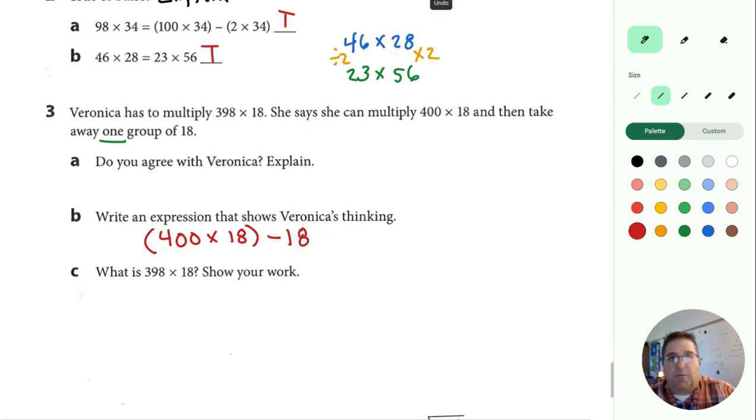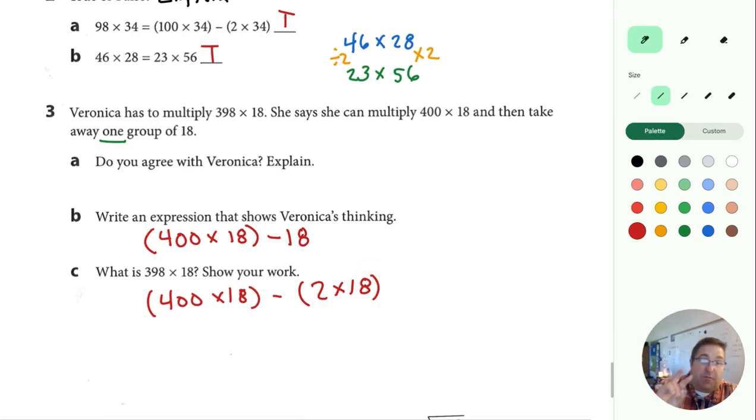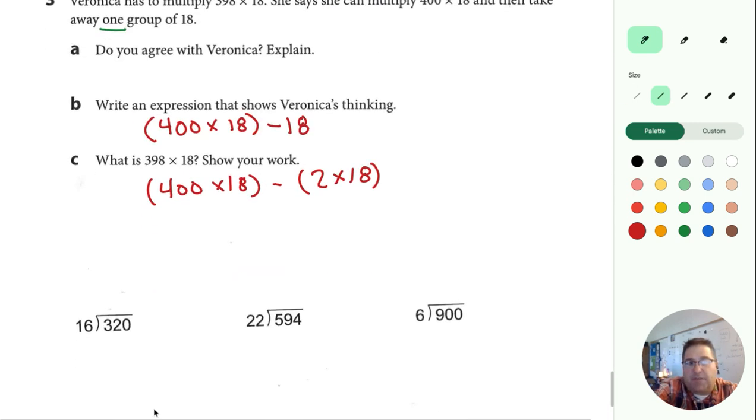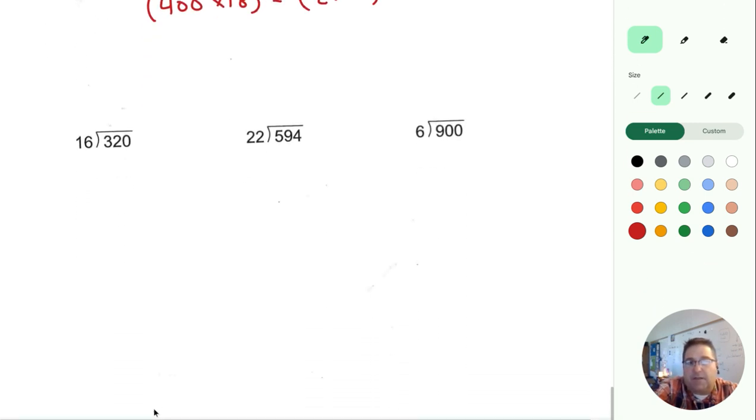She only took away one group. What we actually need to do is 400 times 18 minus two groups of 18, right? Because we went over by two groups. So then we're good. That works. And then you can solve it from there. And then, hey, we're done.